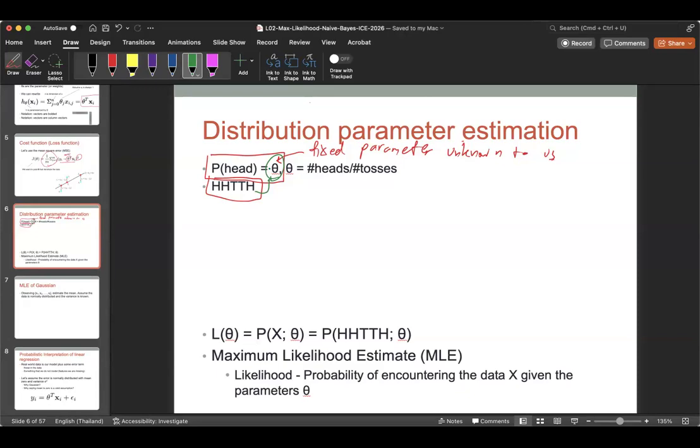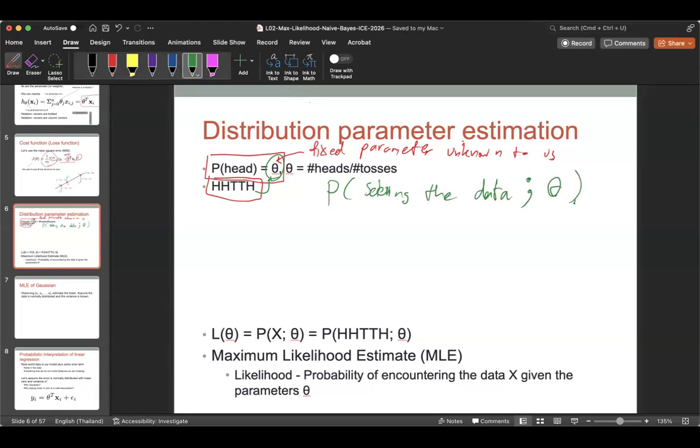What we can do is, from this data, calculate the probability of seeing the data that is governed by this fixed unknown parameter.